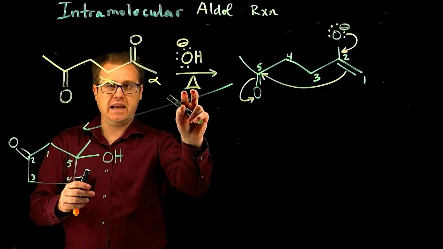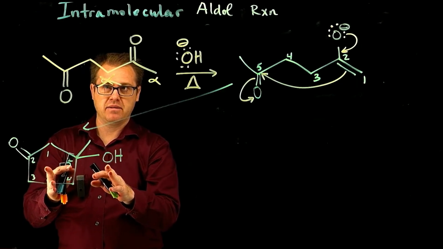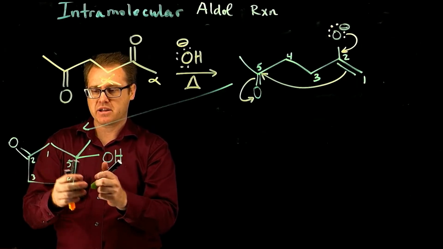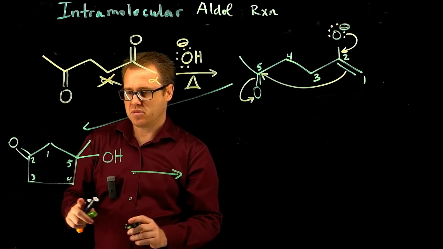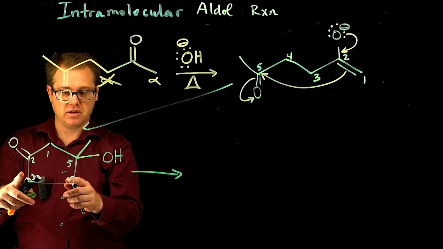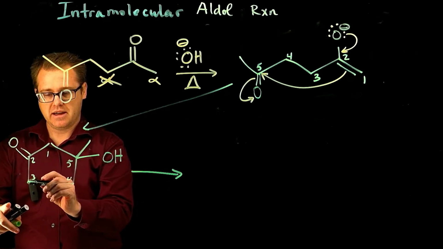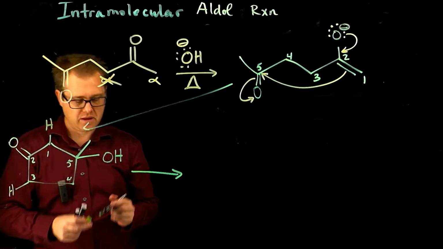Now we know that there's heat. So we're not going to have the beta hydroxy compound. We're going to have a condensation reaction. So what would be the correct condensation product? Well, we have to come to here and find our alpha protons. Well, here's an alpha proton, and here's an alpha proton.